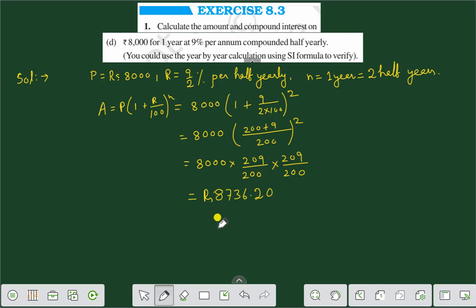If we find the compound interest CI, we know that compound interest is equal to amount minus principal. Amount is rupees 8,736.20 minus 8,000.